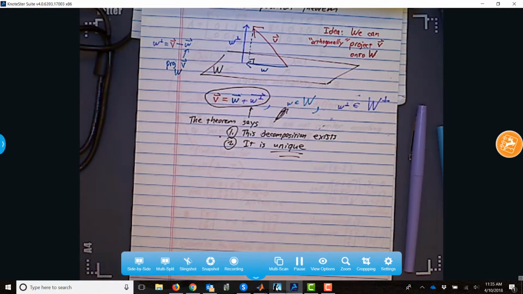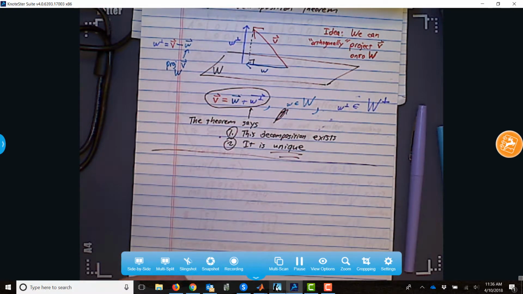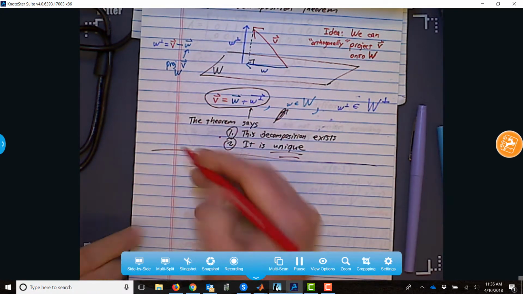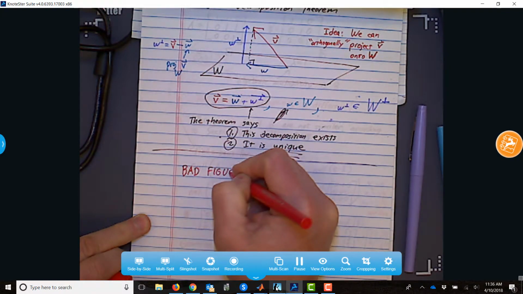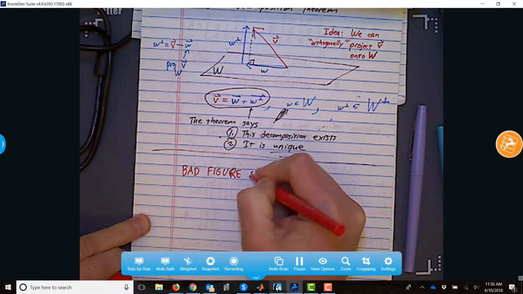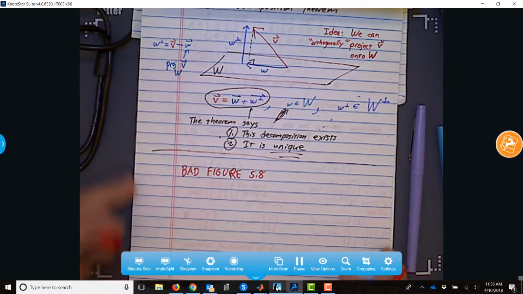So here is, I'll try and draw a bad picture. A bad Figure 5.8 would look like this.